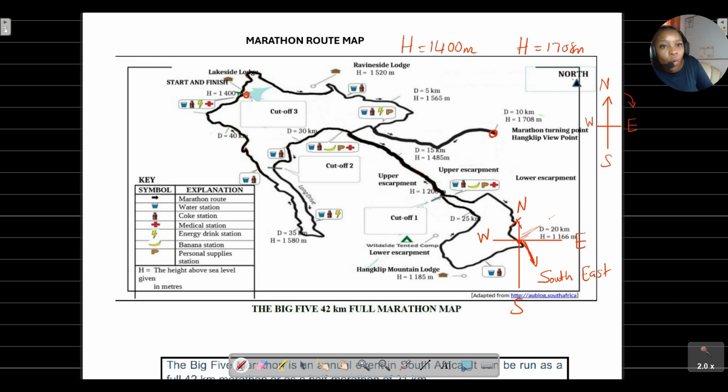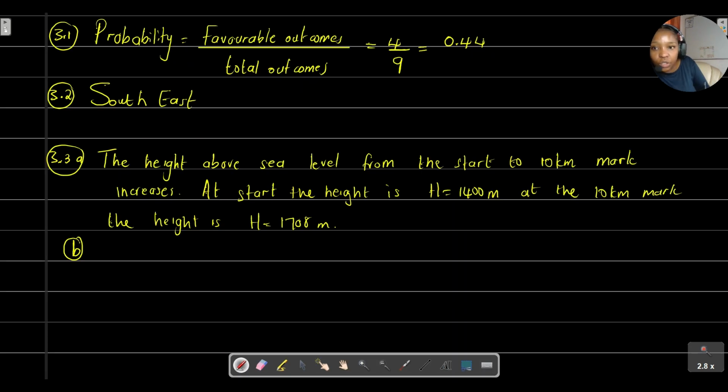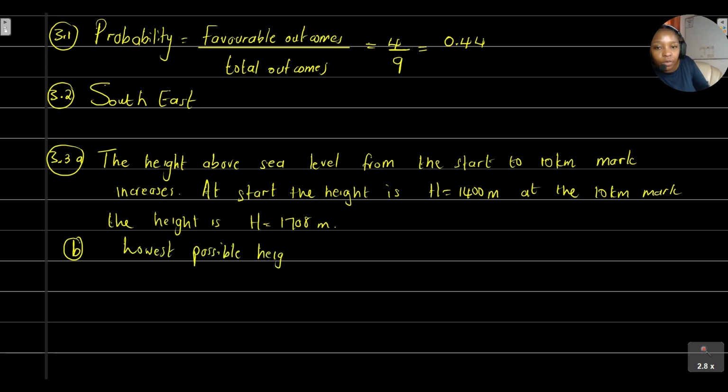You can see that it's 1,708. That's the highest, okay? And then the lowest, you can see that it's the height of 1,166. Okay, so they want the ratio of the lowest possible height.